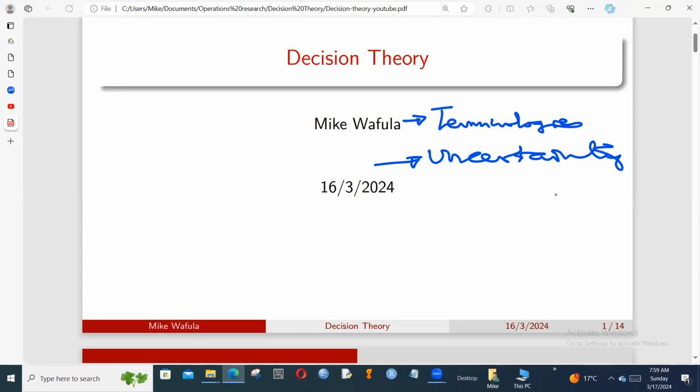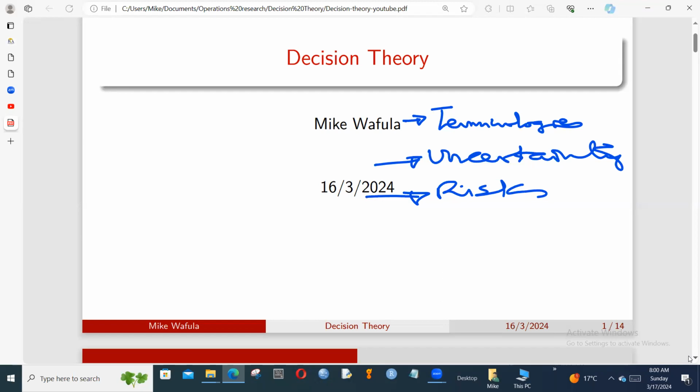What are the criteria that we consider when we want to make decisions under that environment? Then we shall also be looking at how to make decisions under the environment of risks. There are also a number of criteria that are considered in the literature for use. So basically, that is what we are going to look at today.